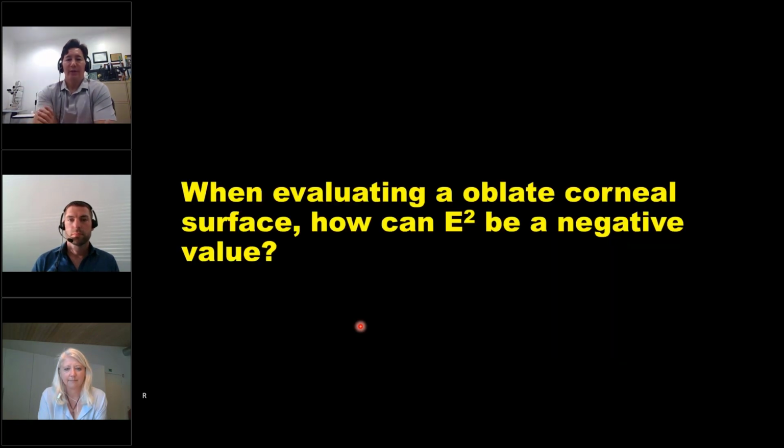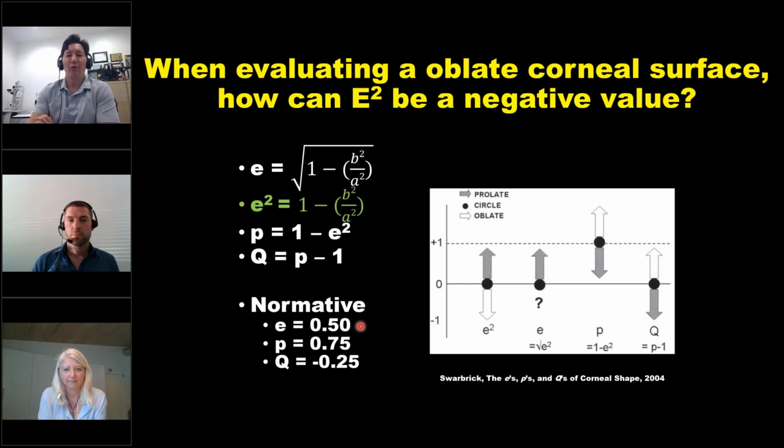Now, when evaluating an oblate corneal surface, like a post-LASIK patient, one of the questions was, how can E squared be a negative value? How can a squared value be negative? And the formula, again, going back to this formula, is E squared is based on 1 minus B squared over A squared. So if B is larger than A, that's when we're likely to see an oblate eye.